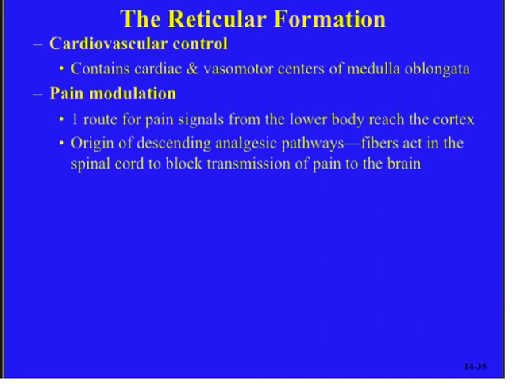But it's also the origin of descending analgesic pathways, and these are fibers that act in the spinal cord to block transmission of the pain signal to the brain. Now, if we think about when these types of analgesic fibers might be most active, if you've ever seen an individual who is in shock, this would be somebody who is experiencing massive output of these analgesic pathways in order to block the pain from the brain.